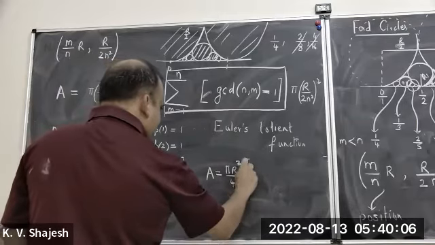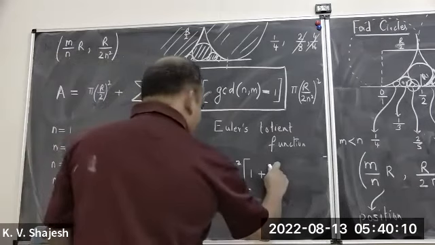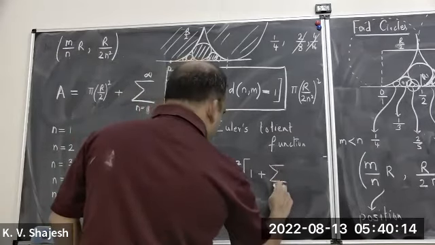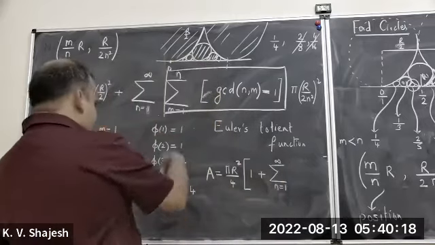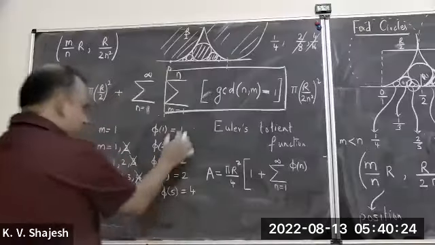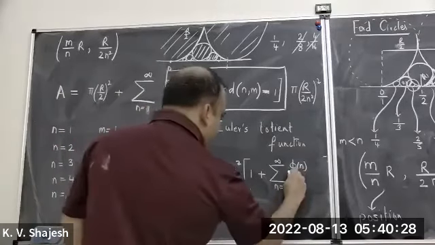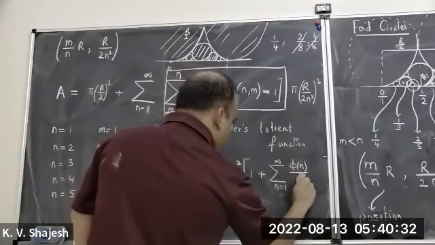So that is 1 plus, there is a series still remaining. This is n equal to 1 to infinity. This I said is Euler's quotient function, that's phi of n. This is just how many circles of radius n there are, and that is divided by n raised to 4.